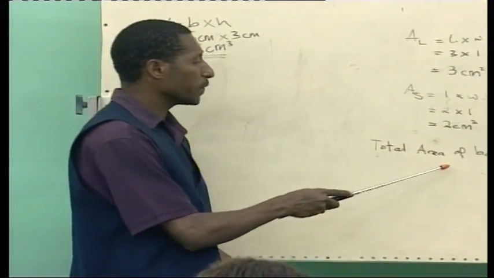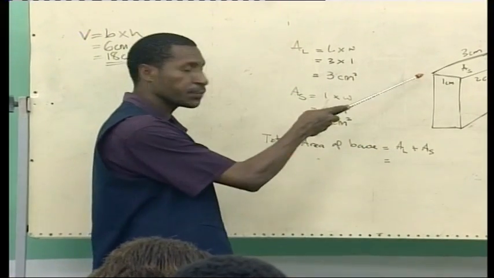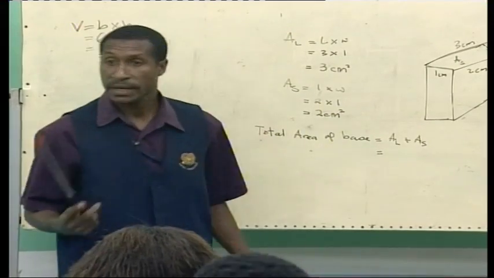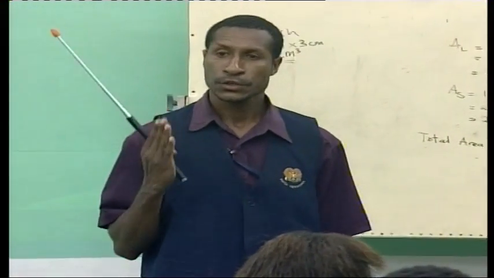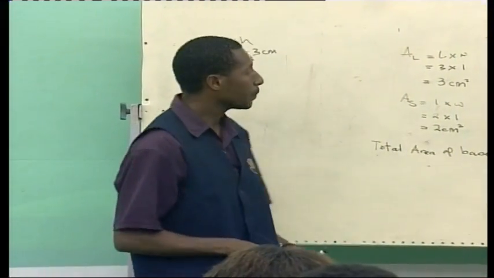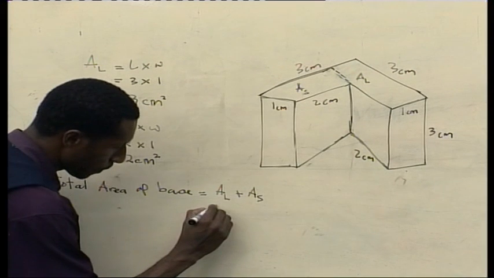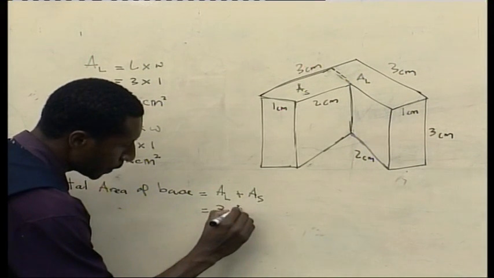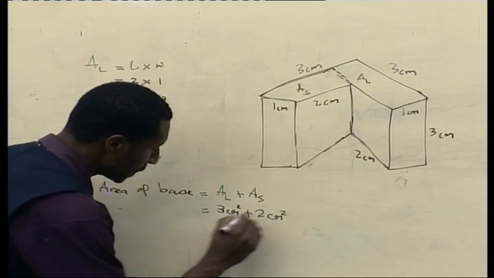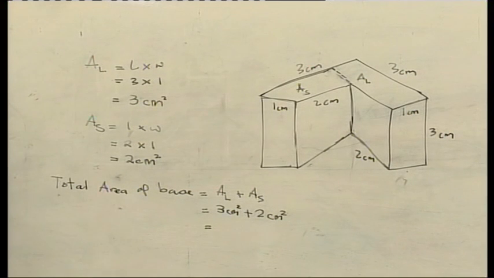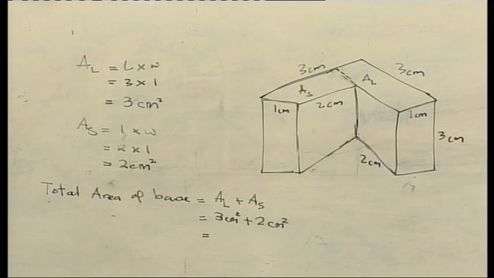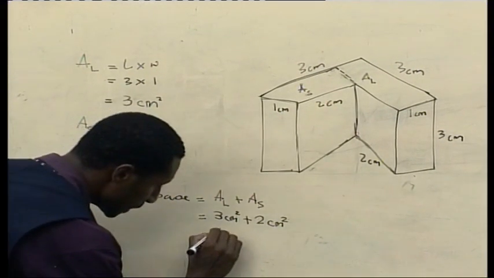To find the total area of the base of this prism, we add the area of the large rectangle plus the area of the small rectangle. So what is the total area of the base of the prism? 3 square centimeter plus 2 square centimeter. The total area of the base of the prism is 5 square centimeter.